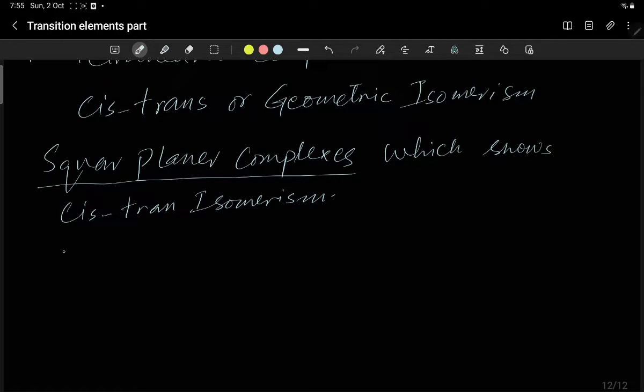So there are certain conditions in which square planar show cis trans isomers. Not all square planar complexes show cis trans isomers.